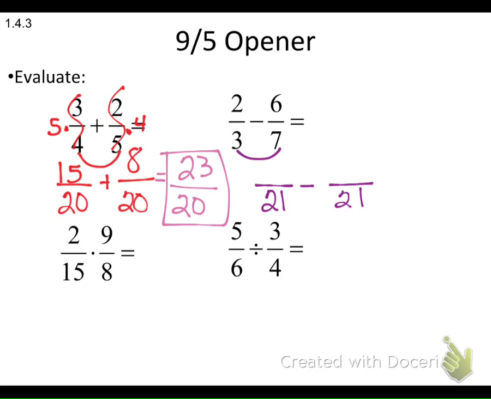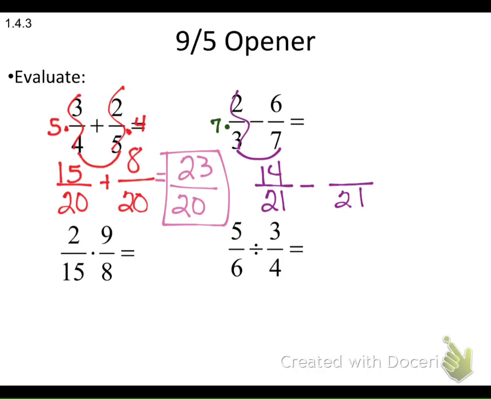I just said 3 times 7 got me to 21, right? So if I multiplied my bottom number by 7, I multiply my top number by 7. So what's my new numerator going to be? 14, good. So I'm done with this fraction.